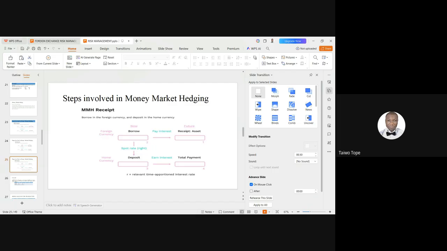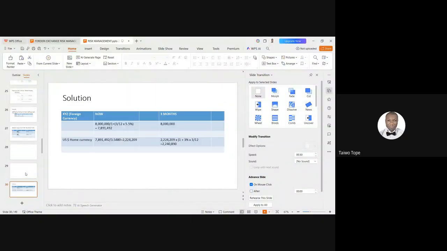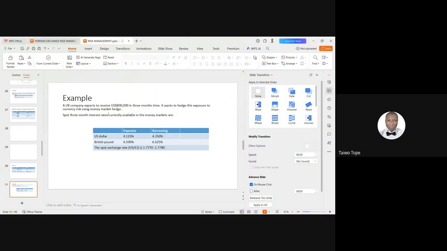That is for receipt. If it is for payment, we select the technique with the lowest amount. And that is what we've explained. Then we've solved an example, and this is now a class exercise that we should attempt. So this is where we are now.